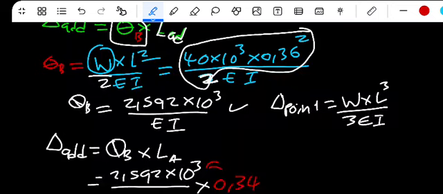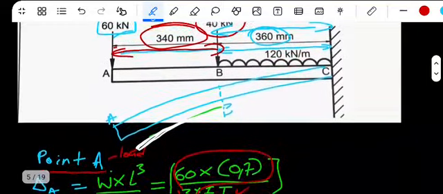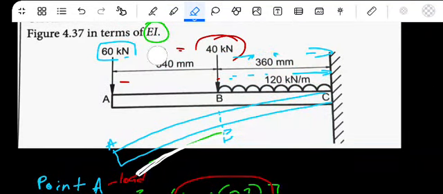The point load there is 40 times 10 to the power of 3. The length now, be careful, is this one. Let me erase it here.